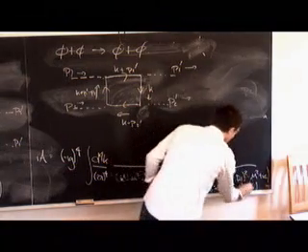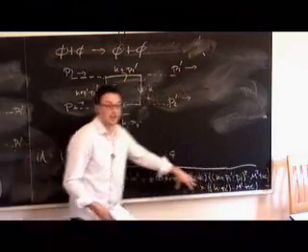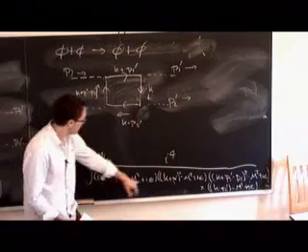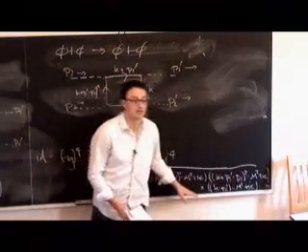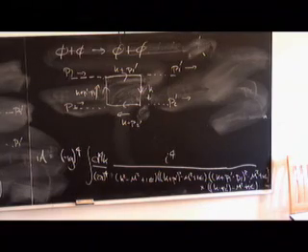Sorry, that's kind of squeezed down the bottom here, but basically it's a product of 4 factors. Each of the factors is the momentum squared minus the capital M squared plus i epsilon, and then they're all multiplied together.